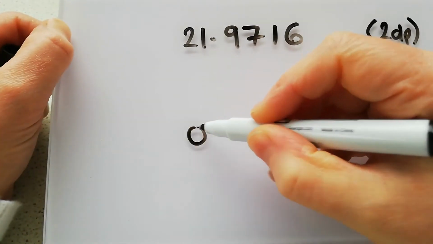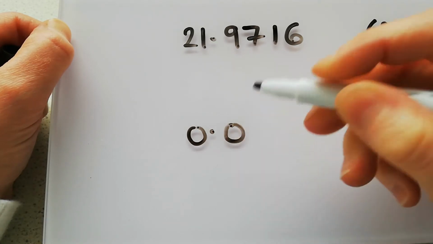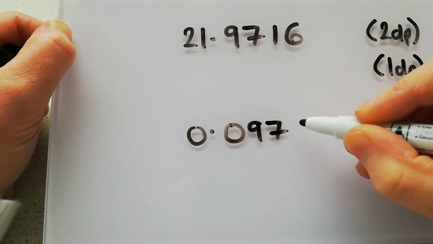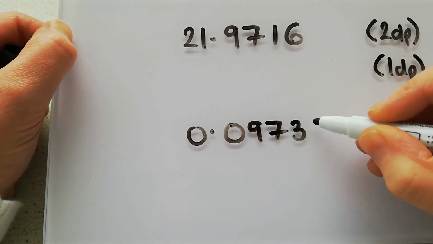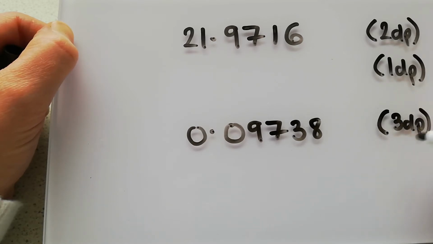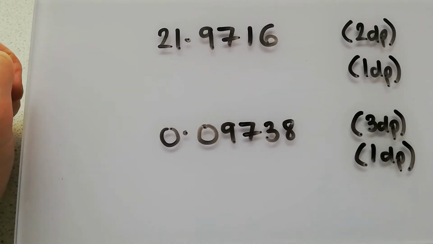And if you do 0.97338, round that to 3 decimal places and 1 decimal place. So like before, hit pause, have a go at those. When you've done them, hit play, and then I'll give you the answers.